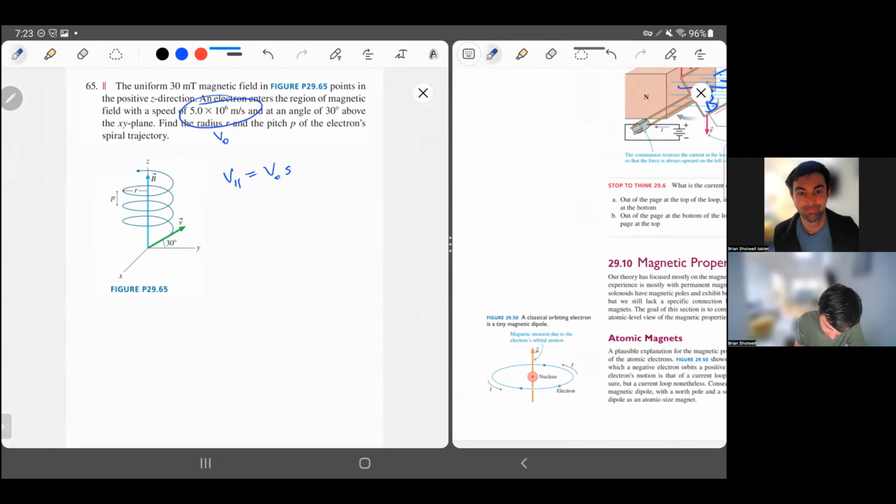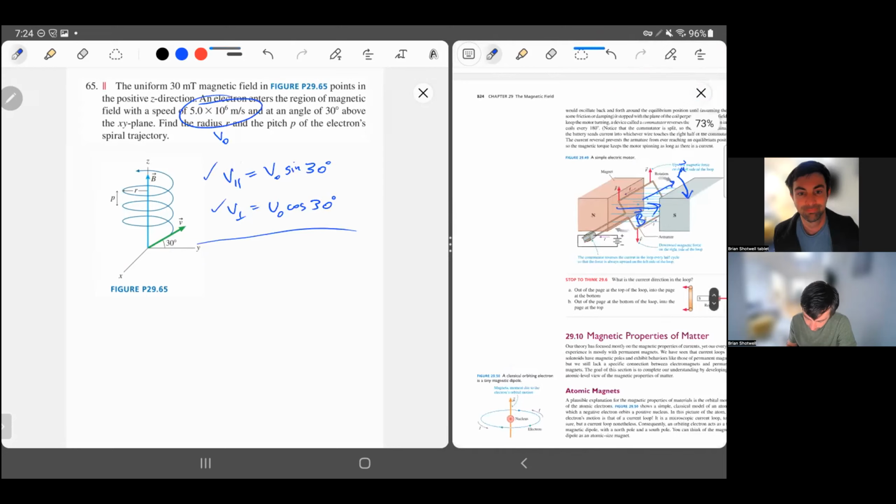It looks like it's V naught sine theta, sine of 30 degrees. And V perpendicular is V naught cosine theta, sorry, cosine 30 degrees. So we know those numbers, so we already know what this is and what this is. I'm just going to solve this algebraically, but we know what those two velocities are. Find the radius and the pitch of the electron spiral trajectory.